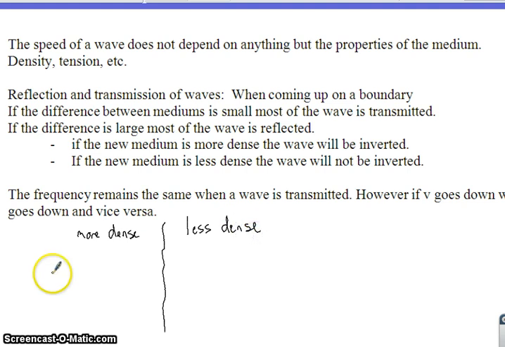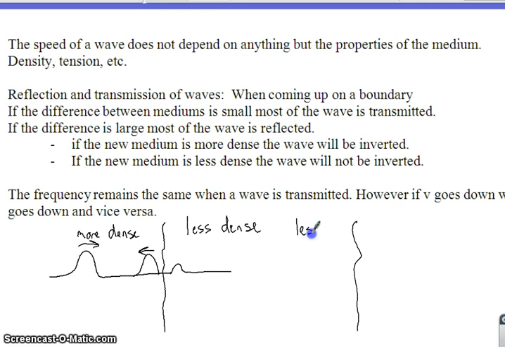The wave will come in on this side, and if it's a significant density difference, only a little bit of the wave will go through, and the wave pulse on the more dense side, most of it will return back into where it came from.